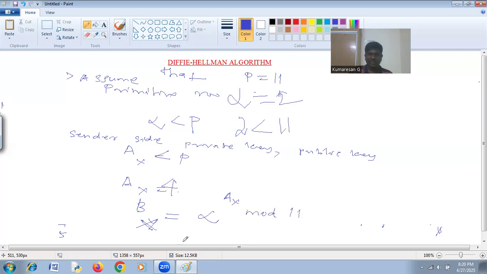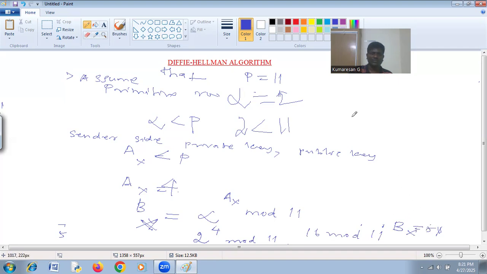This is how we find the sender side public key. The alpha value here is 2, so 2 power 4 mod 11. 2 power 4 is 16, and 16 mod 11 is 5. So the sender public key is 5.